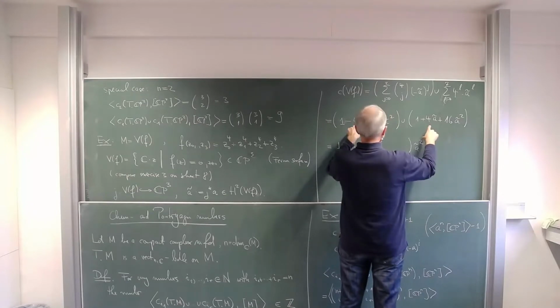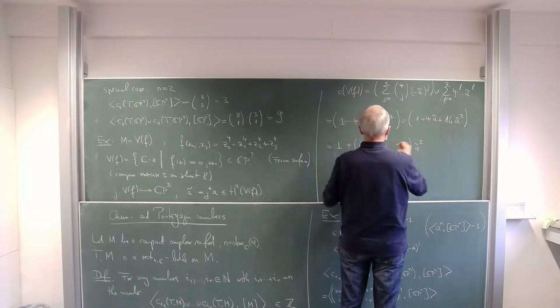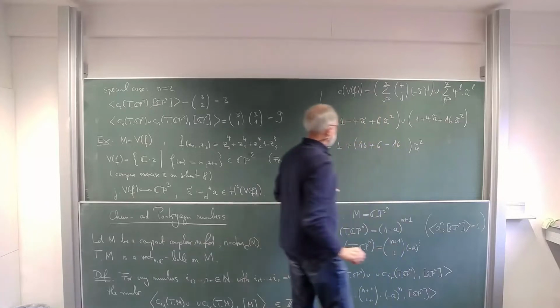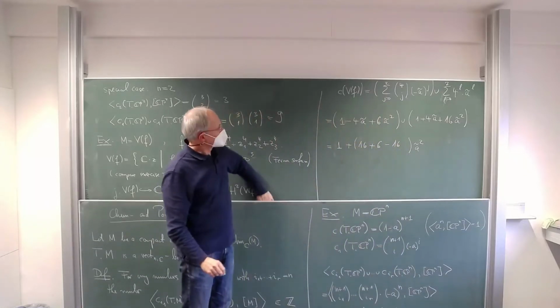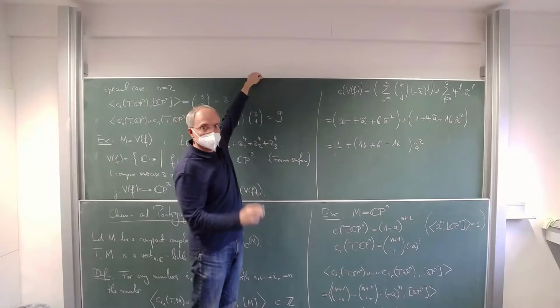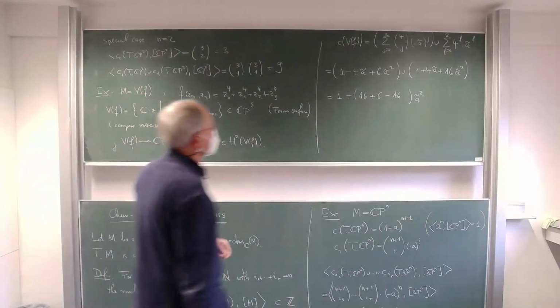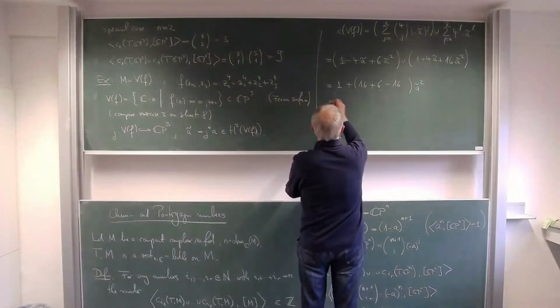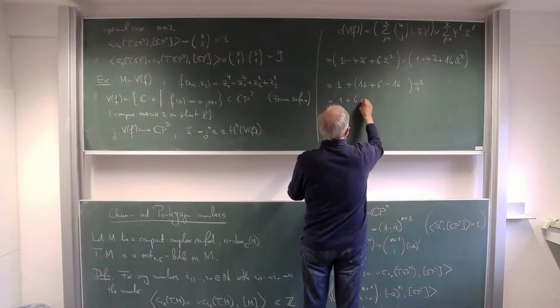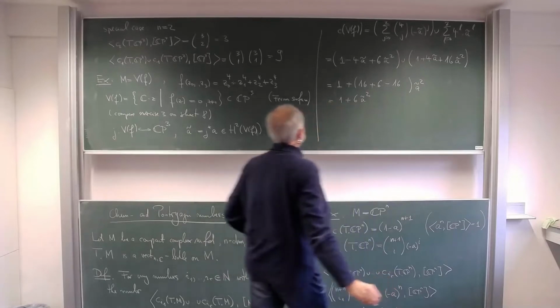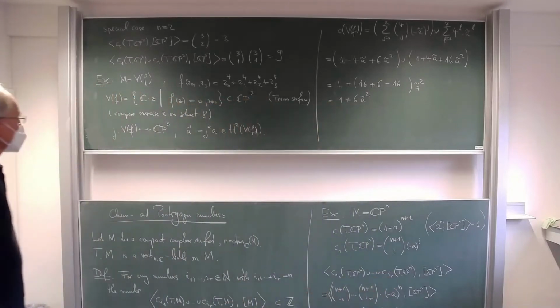And I also have minus 4 times 4, which gives me minus 16, right? So that's what we get, and I don't need the higher powers because they will be 0. Okay, so I have 1 plus 6 a twiddle squared. So that's the Chern class.